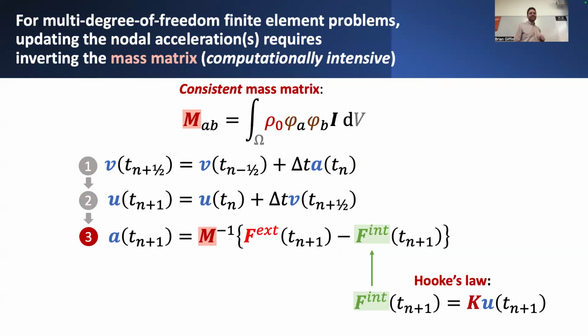Now, the mass matrix integrates the mass density times the products of the shape functions themselves. This form is sometimes called the consistent mass matrix because it's consistent with the way that we've chosen to discretize the displacement field in our problem.